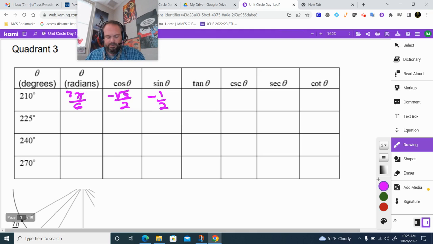That might be important later. Okay. 225. This is 5 pi over 4.